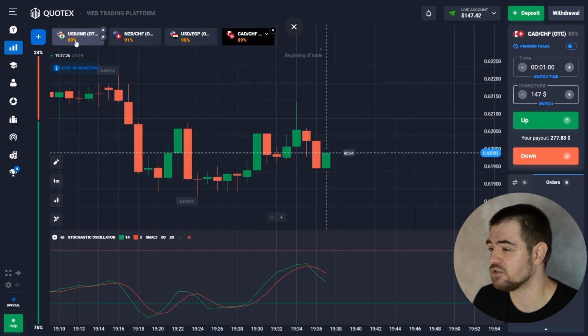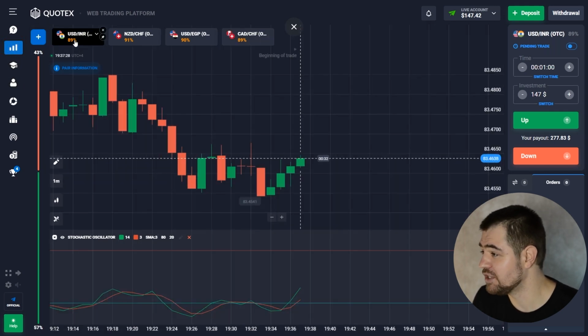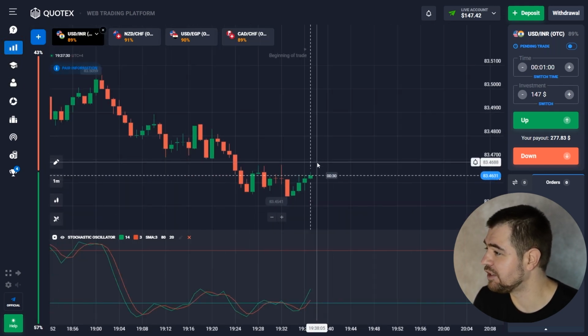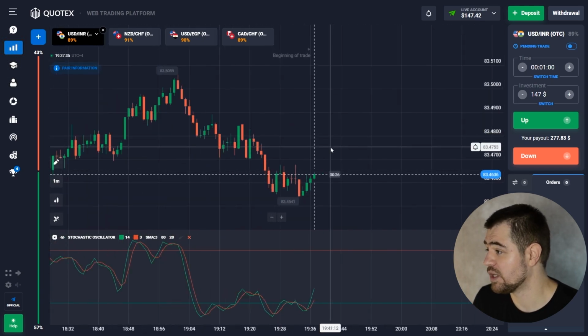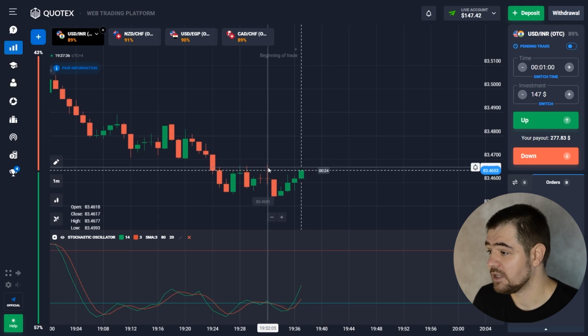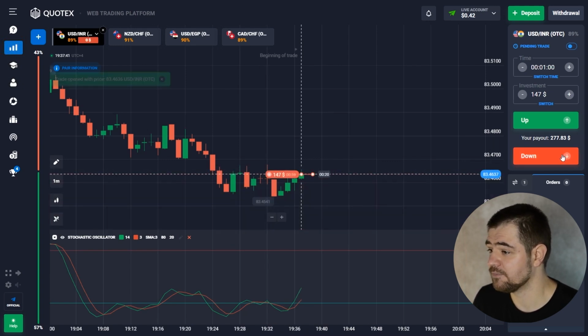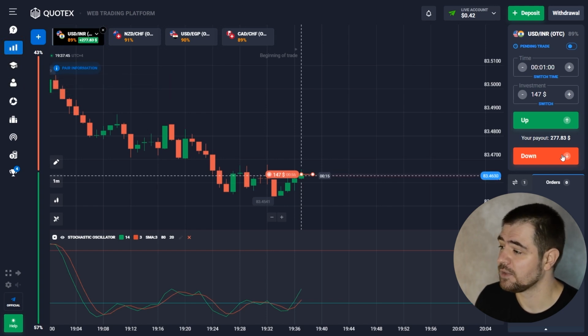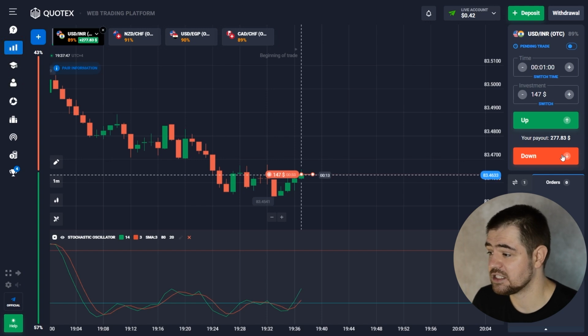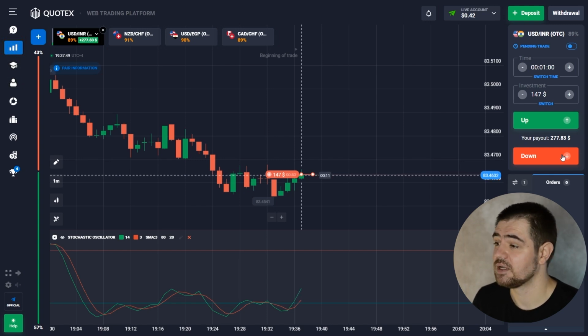Let's put in 147, go to this currency over here. And what we see here is the situation is vice versa. First of all, we see we're touching. Let's make this put option now. So we see the situation with stochastic is different.